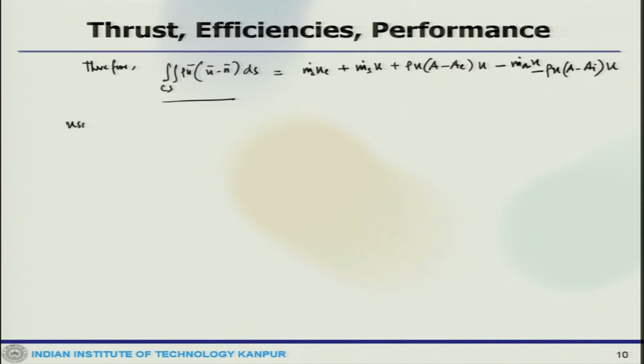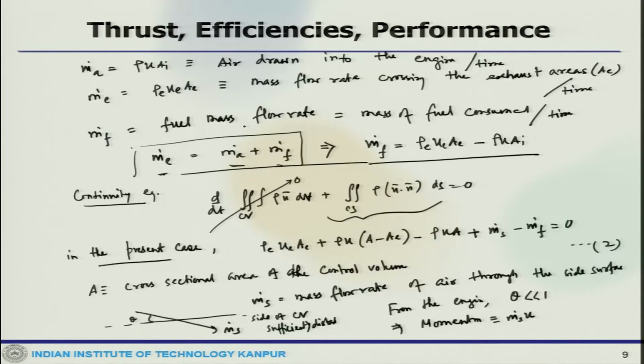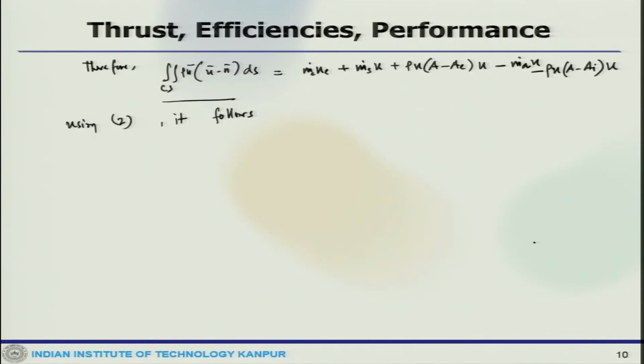Now, using equation 2 from the continuity, we put it into this one, and once you do the math, the control surface integral of rho u dot n dS is m dot e u e minus m dot a u.